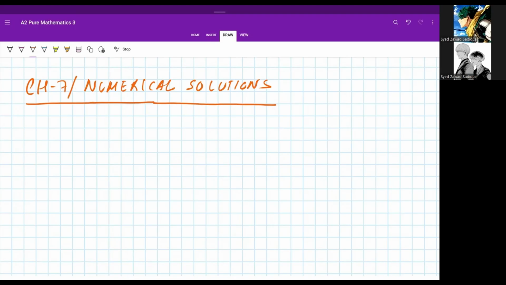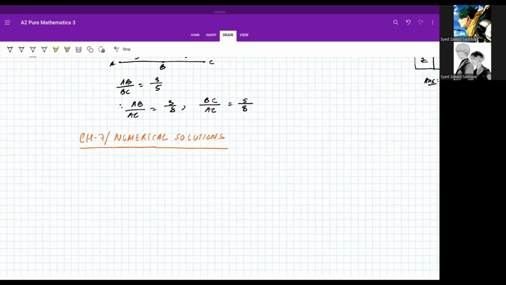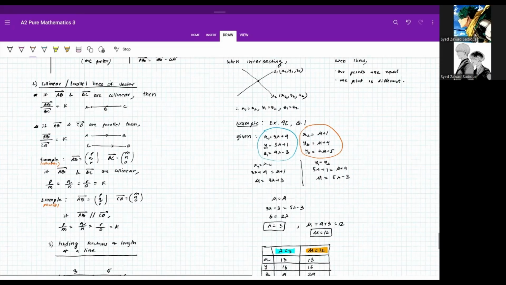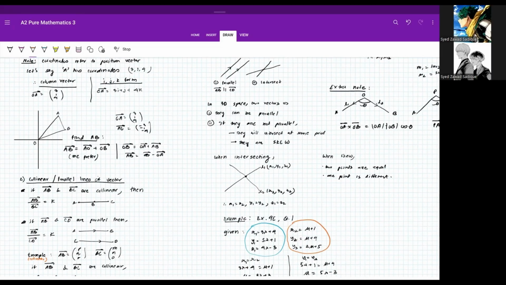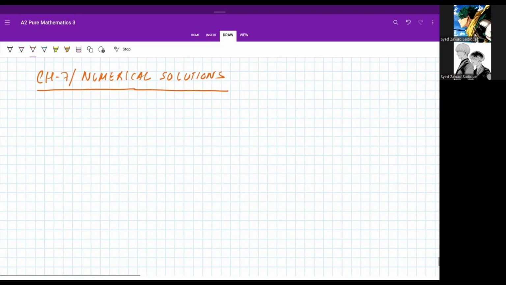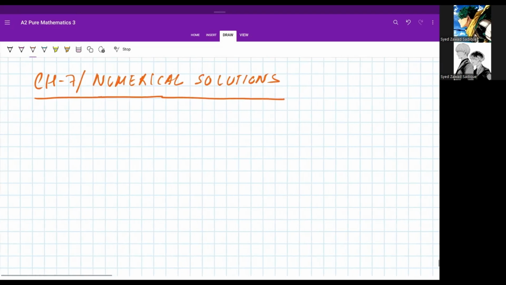Numerical solutions is a chapter that I'm completely going to explain to you guys using example math because there is no written theory that I can give you. Like in vector, there was some written theory, and I used a lot of example math. In numerical solutions, I'm mostly going to be explaining using example math. Okay, so let's go. But yes, I will give you guys an overview.